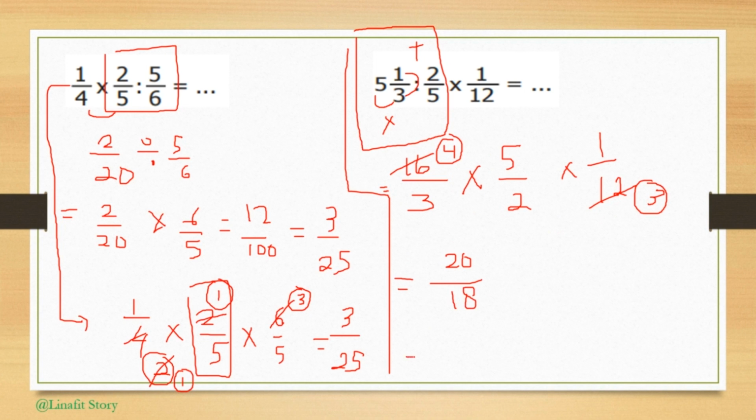So 20 out of 18 is an improper fraction, so you must convert it into a mixed number. So 20 divided by 18 equals 1, remainder 2. 1, 2 out of 18 equals 1, 1 out of 9.